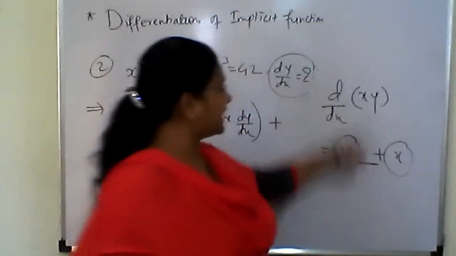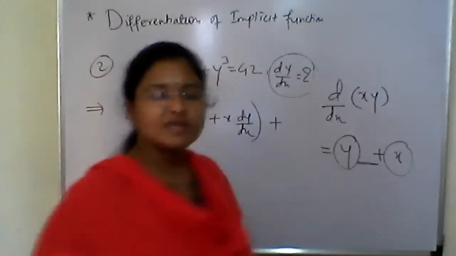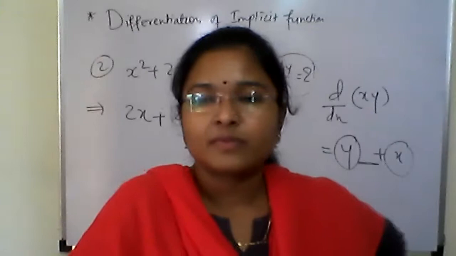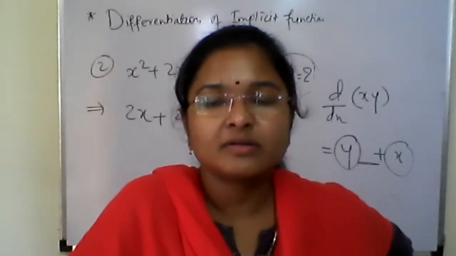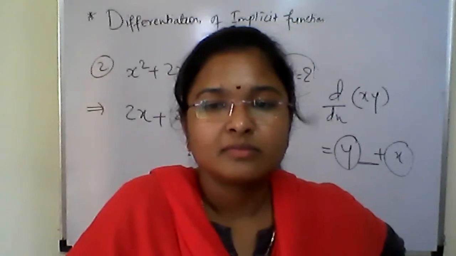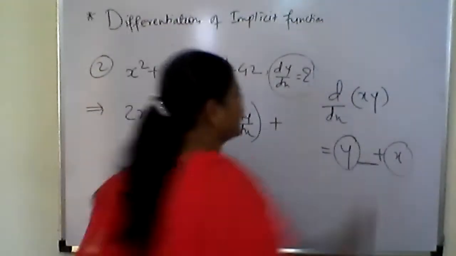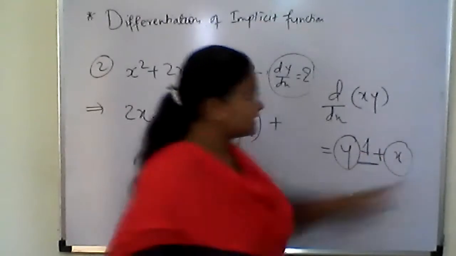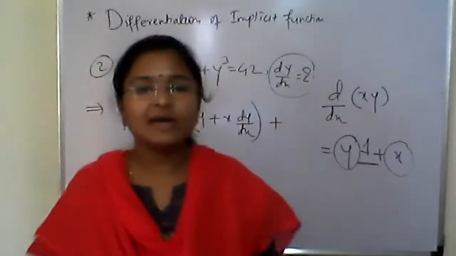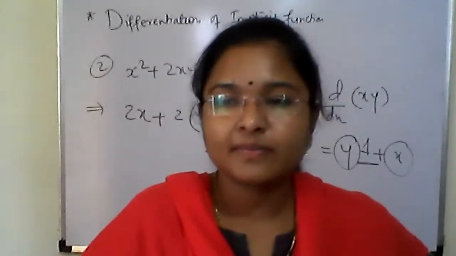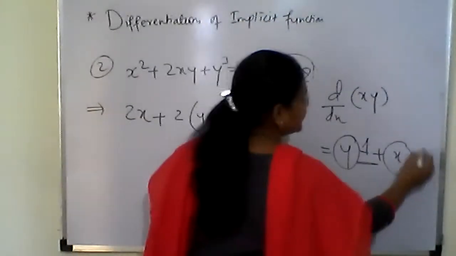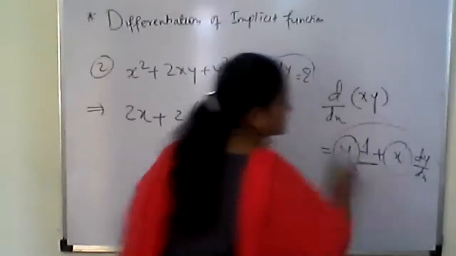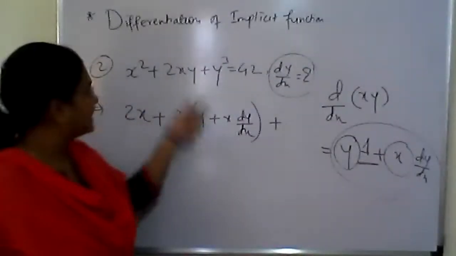Derivative of x in the first term. What is the derivative, Ajinkya? Tell me the derivative of x quickly. 1. x is constant. Derivative of y, what is the derivative of y? dy by dx. Did I say anything different here? dy by dx. Understood? See, x into y.